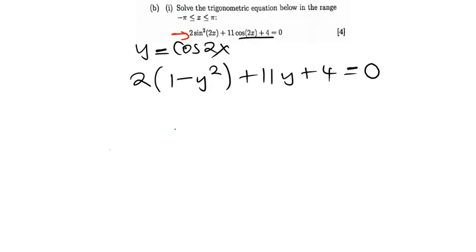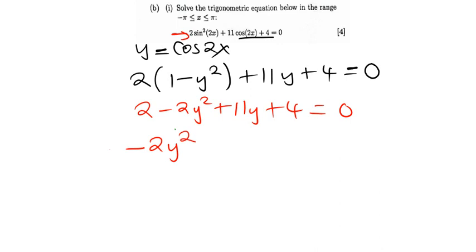So here let's distribute the 2. So I have 2 minus 2y squared plus 11y plus 4 is equal to 0. Writing it in the order of starting with the highest power, I've got negative 2y squared plus 11y, and 4 plus 2 gives us a 6. Those are the only two like terms we have. Can we factorize this?